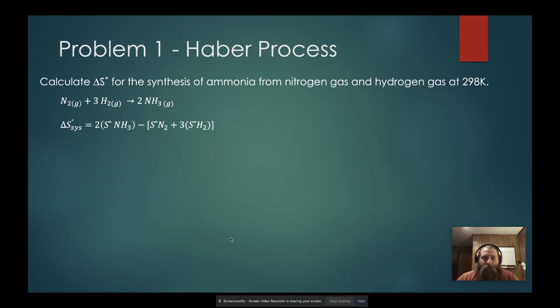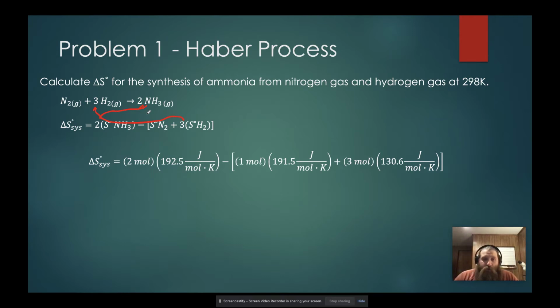So I've just written that here. You can see I've already put in the coefficients, right? So here is where I got ammonia's coefficient from, and from hydrogen, they're the same. So just pulling it from those coefficients.